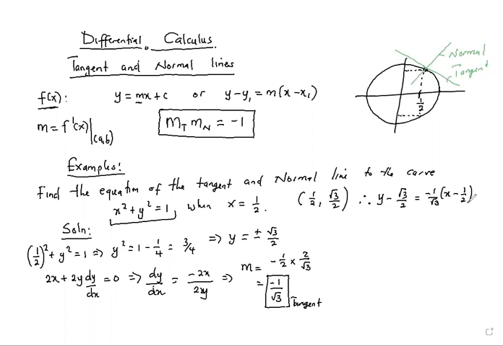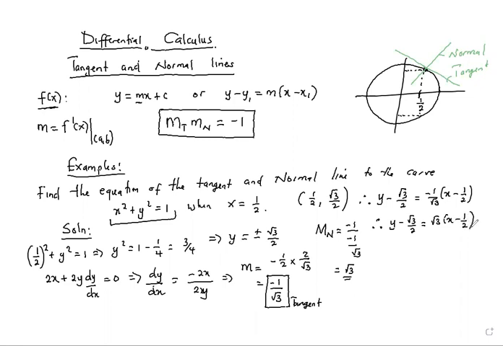And then we now get the gradient for the normal. So that is -1 over the tangent gradient, -1 over the root of 3. This is just equal to positive root 3. So we have y minus root 3 over 2 is equal to, the gradient now is root 3, x minus half.